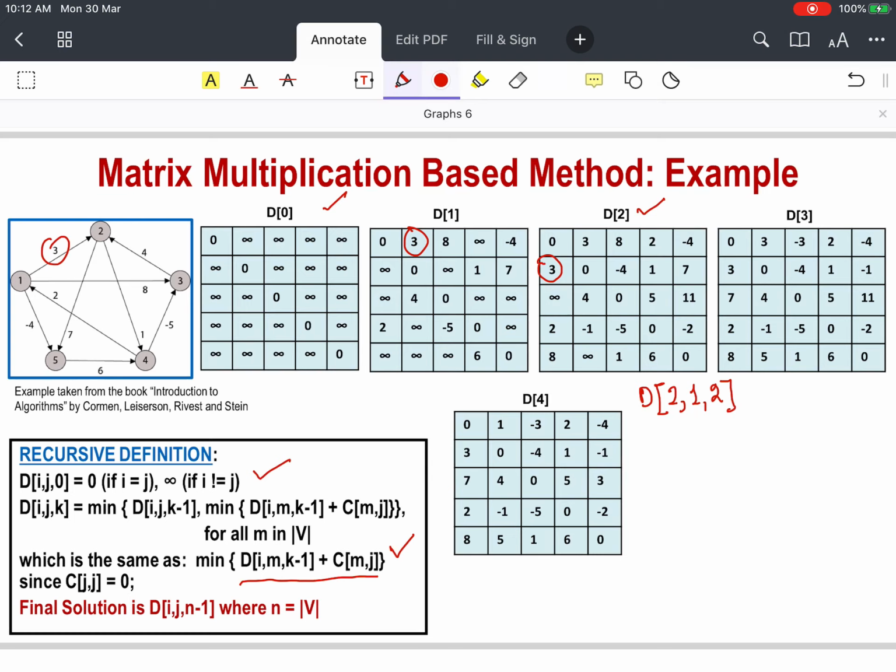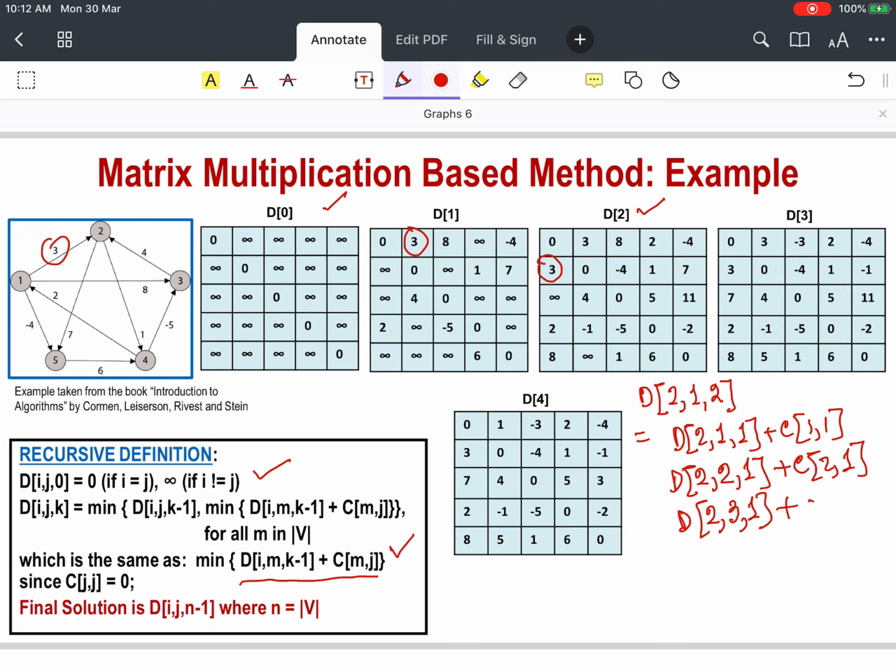This D2, 1, 2 is computed from the minimum of these 5 elements, which will be D2, 1, 1 plus C1, 1; D2, 2, 1 plus C2, 1; D2, 3, 1 plus C3, 1; D2, 4, 1 plus C4, 1; and D2, 5, 1 plus C5, 1.